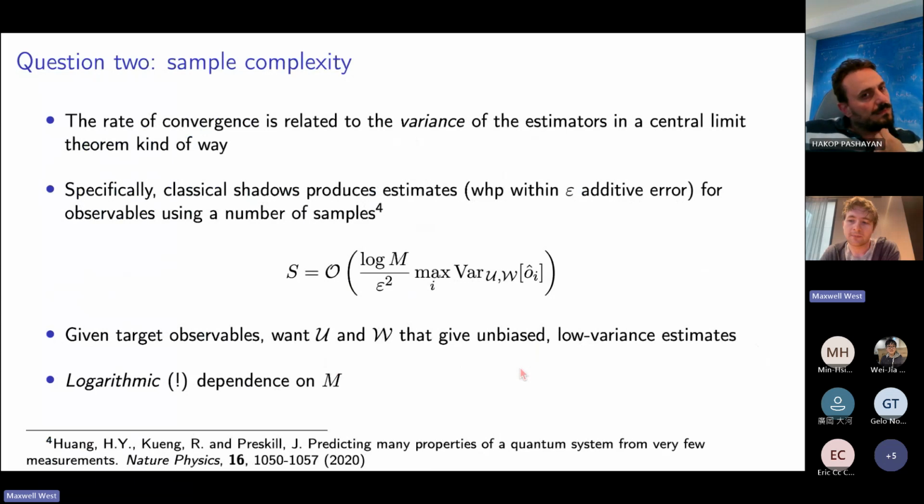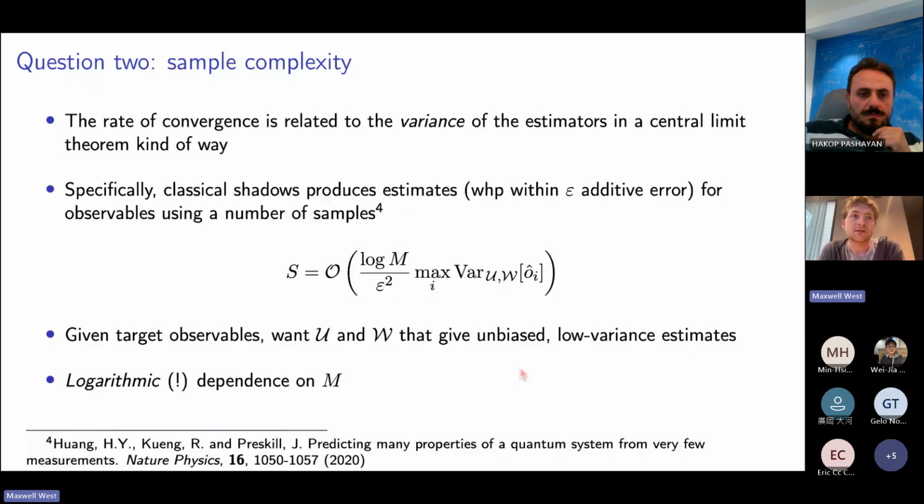And then question 2 was about how quickly our estimators converge to whatever they're converging to, whether or not it's the exact estimate. Again, we have this central limit theorem picture in our head, hopefully, where these things are forming a Gaussian.